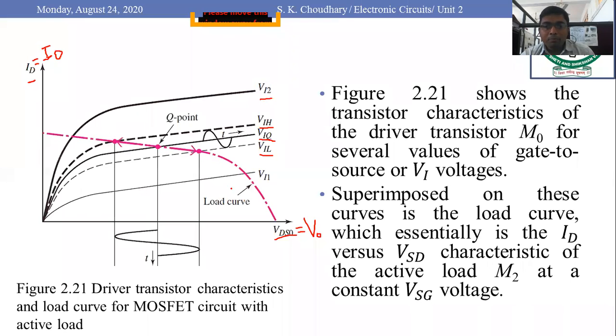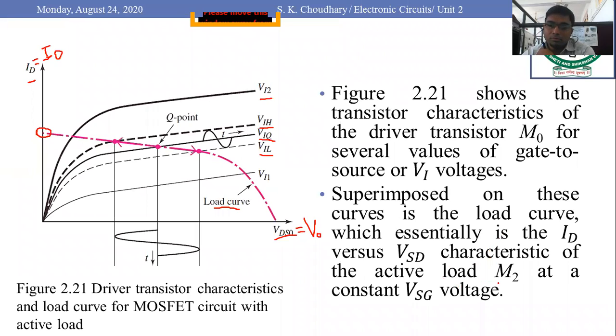Now we will superimpose the load curve. This is shown as the pink line. This is nothing but a load curve, and it is due to the transistor M2. So the load curve is essentially ID versus VSD, the source to drain voltage, because it is a PMOS.